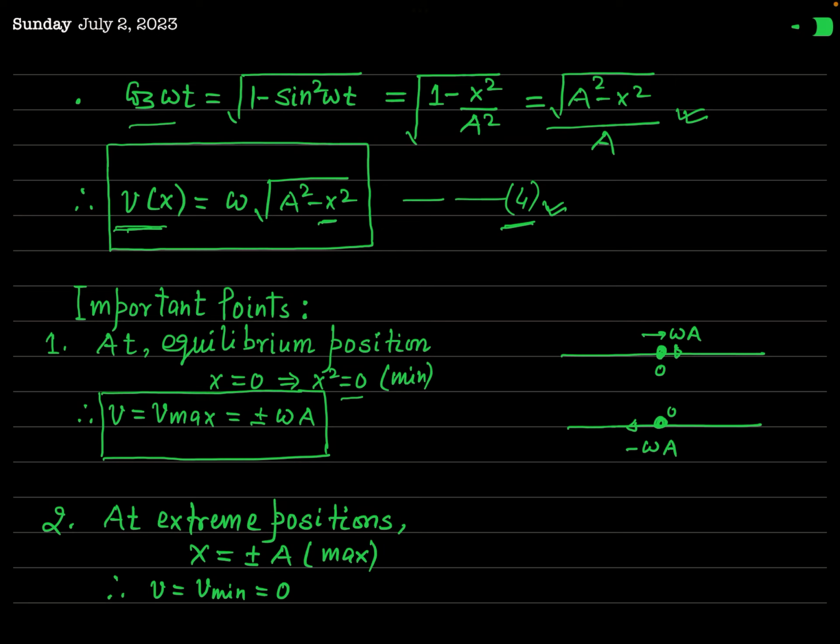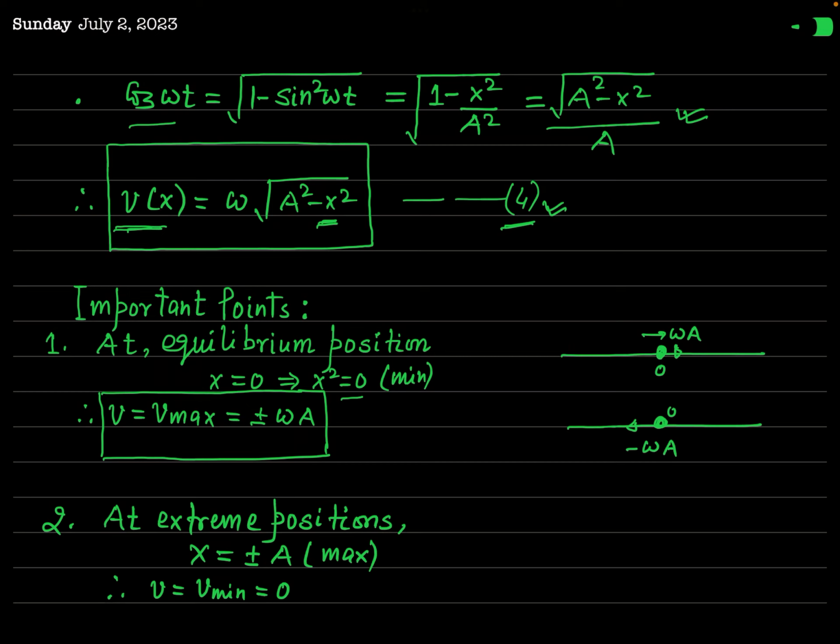So, it is clear from this result that when x square is minimum, then velocity will be maximum. Okay? Because when we subtract less, we get a larger result. And therefore, you can say that if the particle is crossing through the equilibrium position, its velocity is maximum.